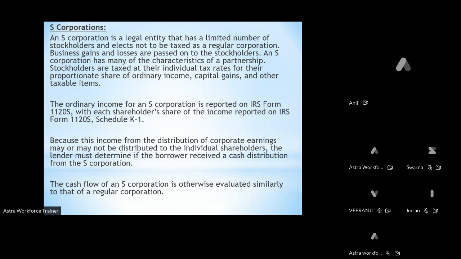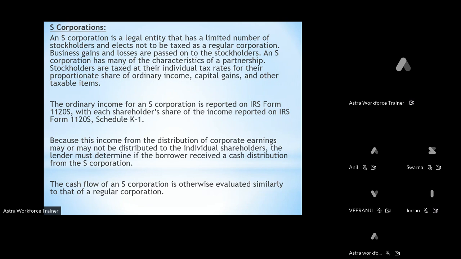Okay, this is S corporation income wherein the borrower is a legal entity having a limited number of shareholders. Here we need to check the borrower's personal tax returns as well as the business tax returns, along with the Schedule K-1.